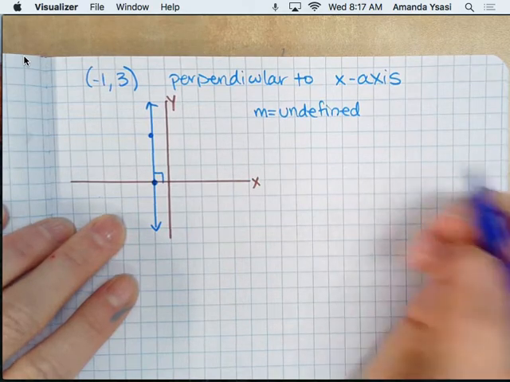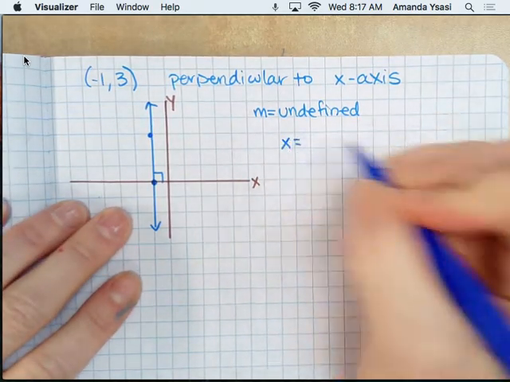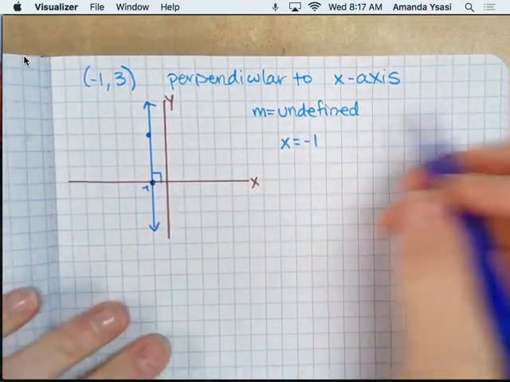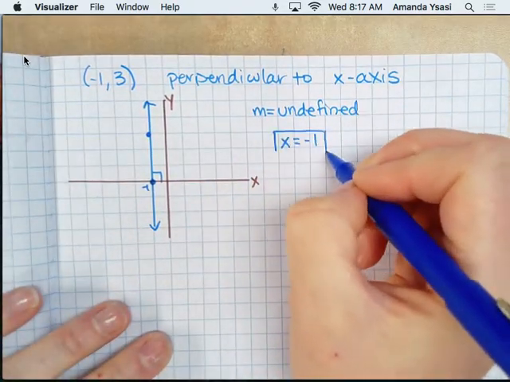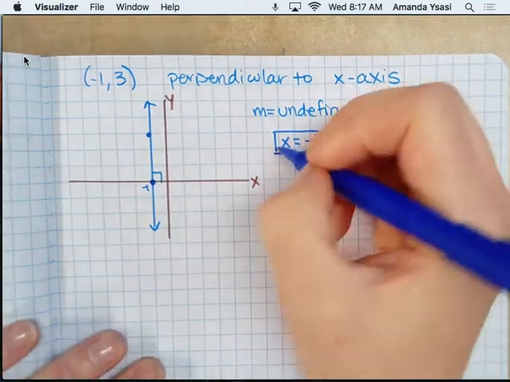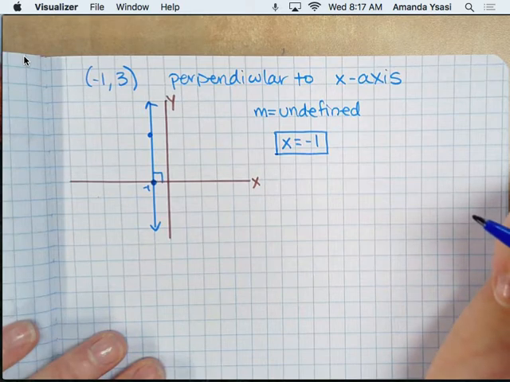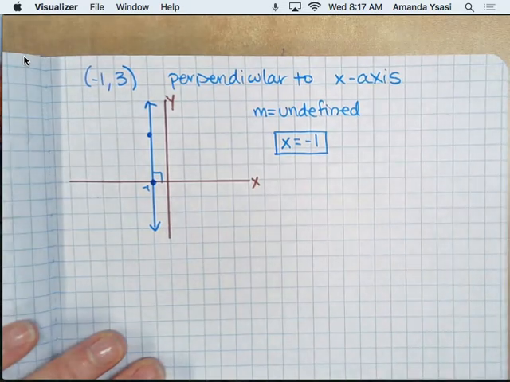So then we write our equation as x equals wherever it intersects the x-axis, negative 1. Does it matter if the right angle sign is not drawn? Nope, it doesn't matter.